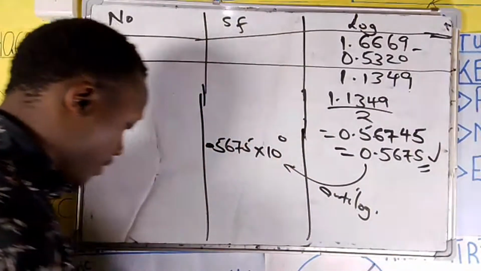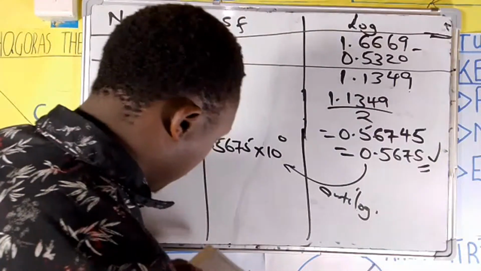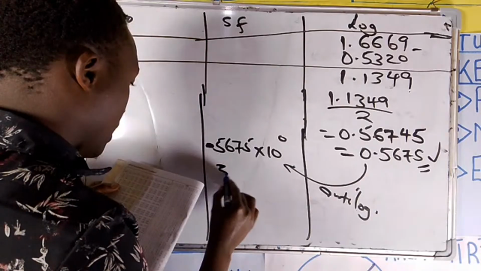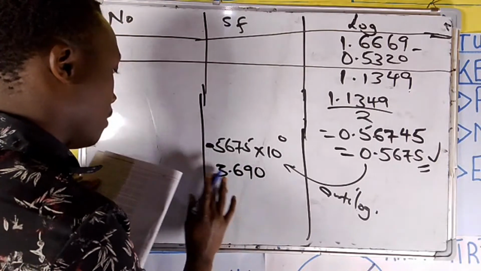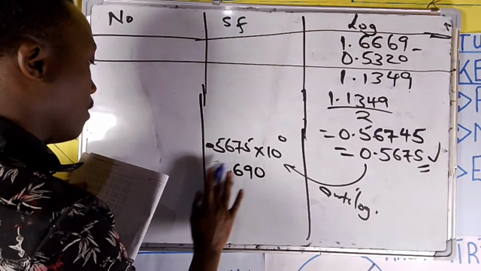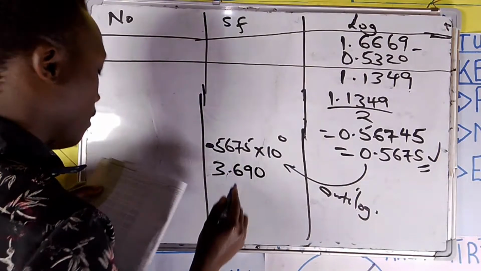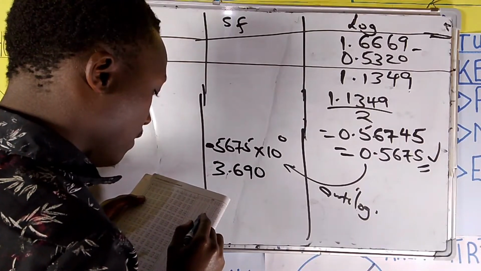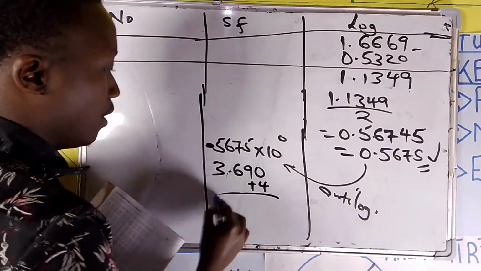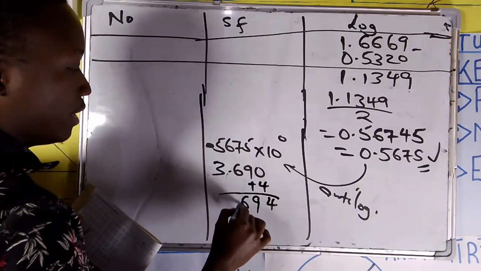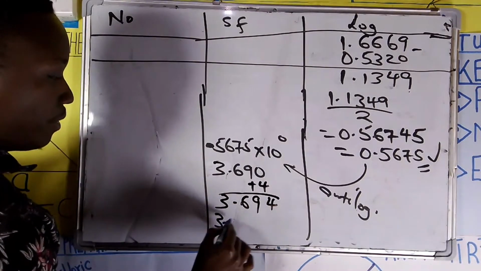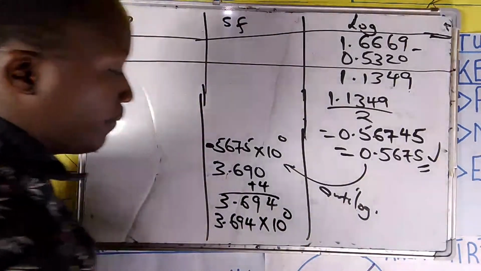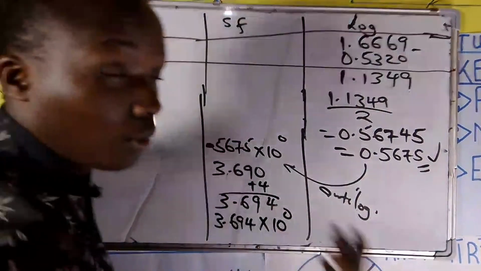The antilog of 0.567 is 3.690. 5, we will add 4, so it will be 3.694 times 10 to power 0. 10 to power 0 is 1.